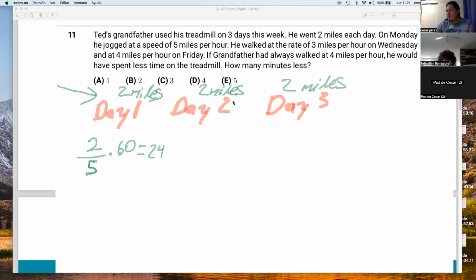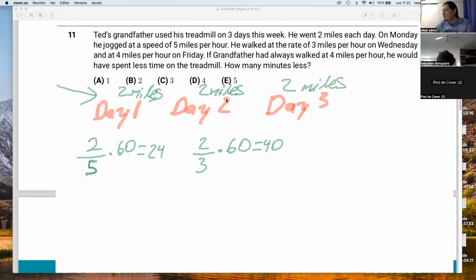Okay. And the second day, he will walk 2/3 of 7 minutes. Do you agree? 4 minutes.